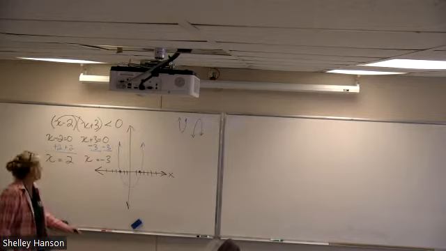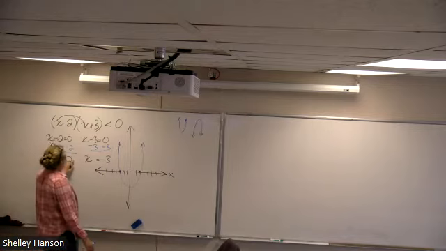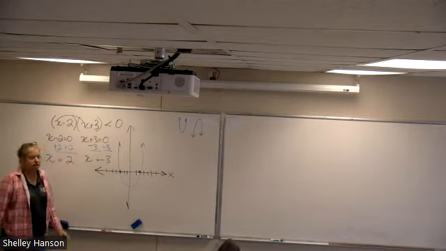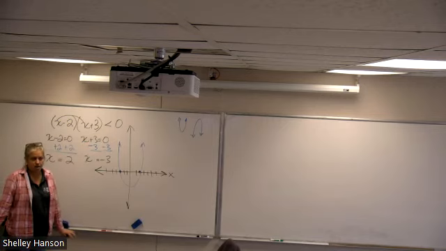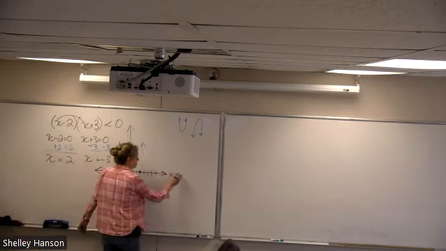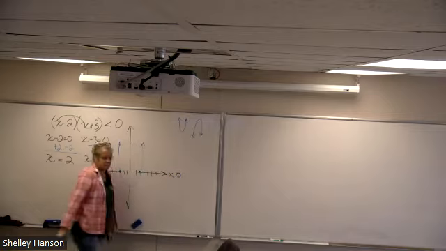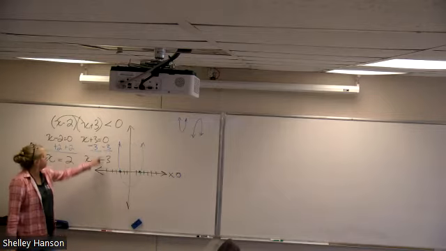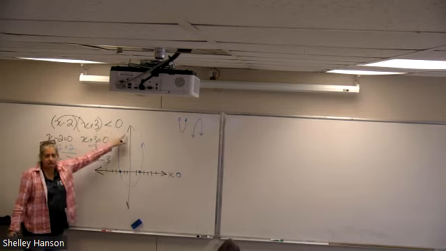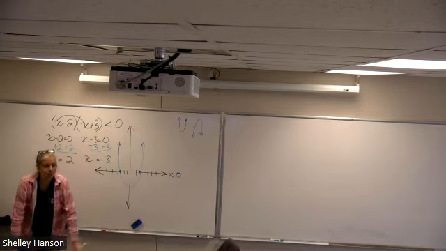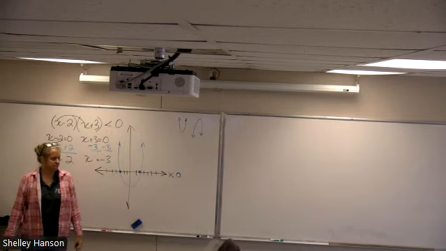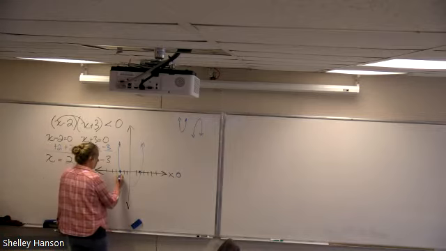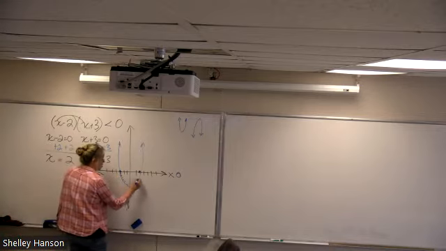And to find out where this is less than 0, that's all I'm going to need to know. Okay? 0 is the x-axis. So if I am less than 0, I'm below the x-axis, right? So what I want to include is this part of the graph.